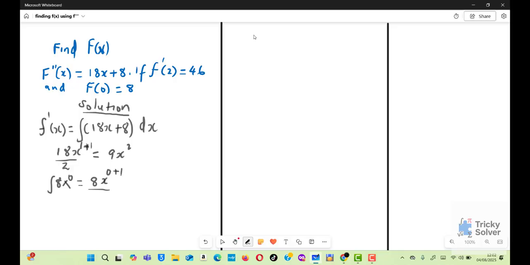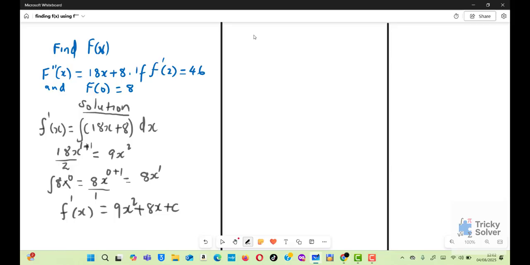The new power is 0 plus 1, which is just 1. So the answer is 8x to the power 1, or just 8x. So the first derivative is f prime of x equals 9x squared plus 8x plus c.